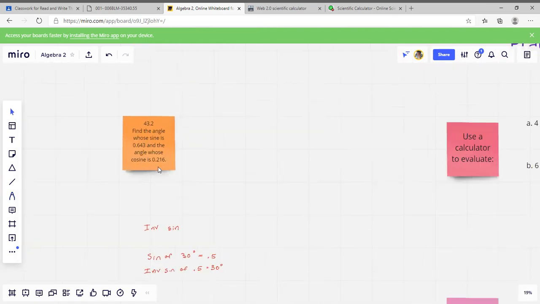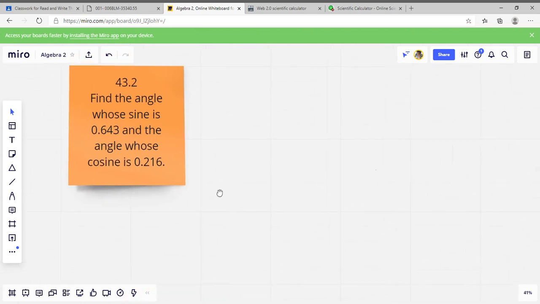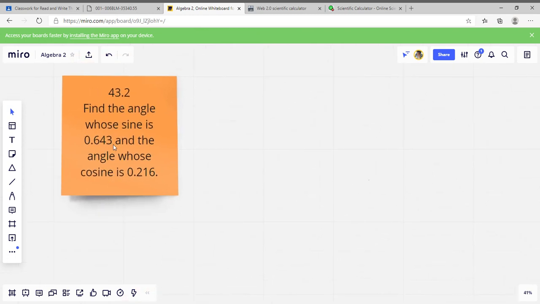All right, so this one says, find the angle whose sine is 0.643, and so on. So we have 0.643, and we need to find the inverse sine of that.